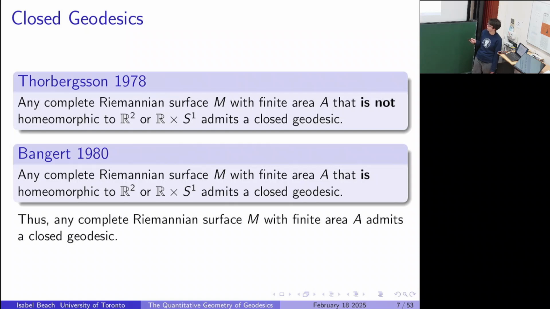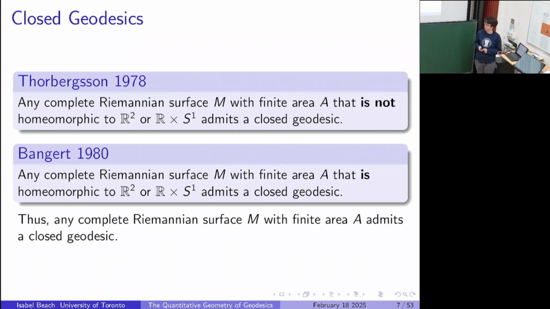Thorbergsson showed that any complete Riemannian surface M with finite area that is not homeomorphic to the plane or the cylinder admits a closed geodesic, in fact infinitely many. Then Bangert proved the remaining cases of the cylinder and the plane, and I believe also the Möbius band. So in particular, any Riemannian surface with finite area admits a closed geodesic.